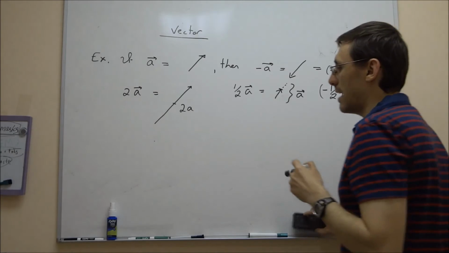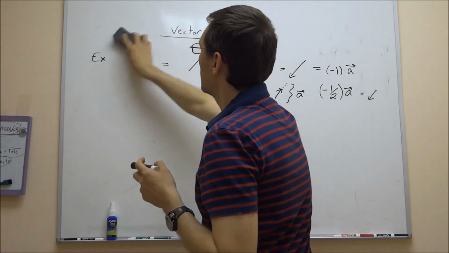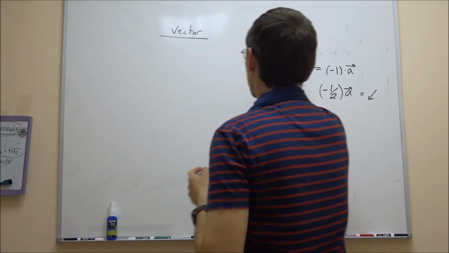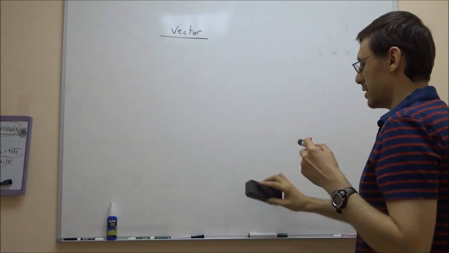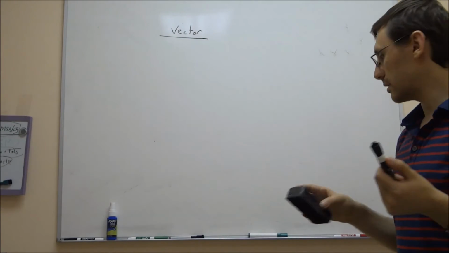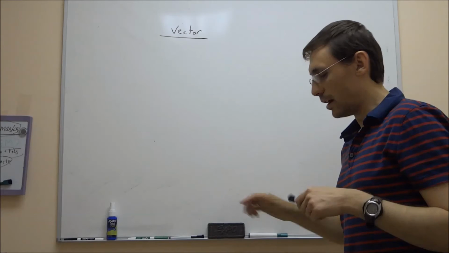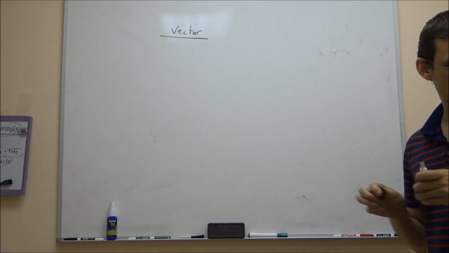So now we have defined addition of vectors and a multiplication of a vector by a scalar. Now, how do those operations relate to one another?